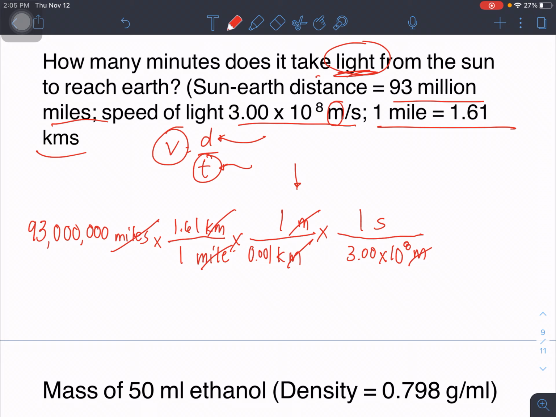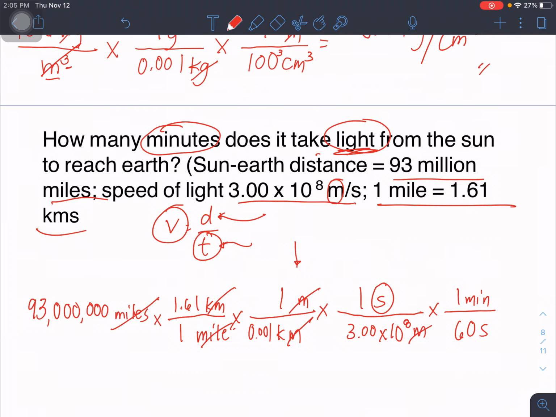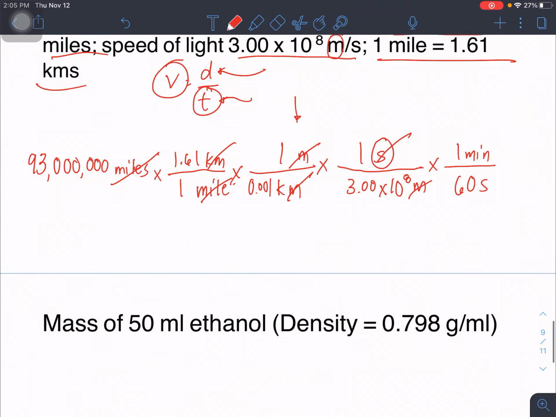So the time will be on seconds. However, we would like that unit of time in minutes. So 1 minute is actually equal to 60 seconds. Okay, so cancel the similar units. Now we will be having minutes as a final answer. So let's try to solve.